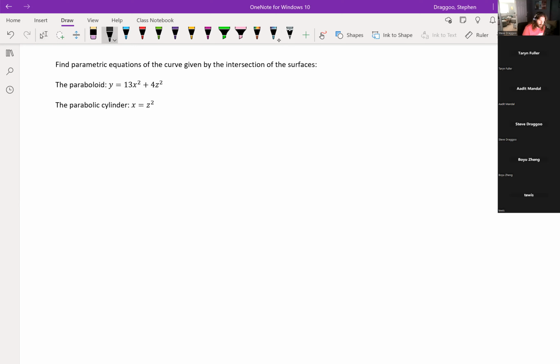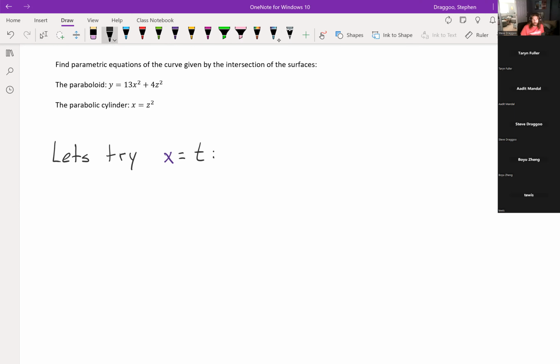And again, I want to go through my process here. So I'll say, let's try x equals t. So that's going to be my first attempt. Trying x equals t.